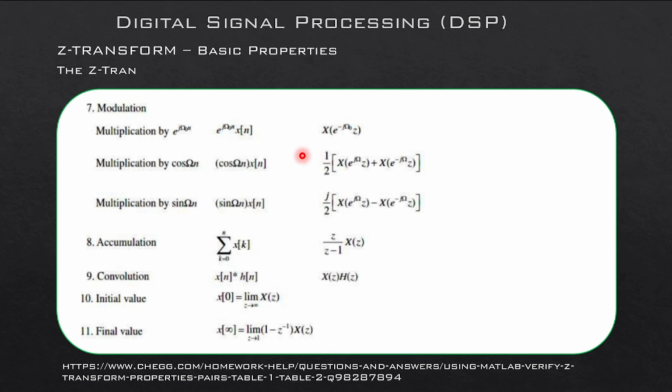Another page here: multiplication by cosine. By the way, cosine times x[n] would give you 1 over 2 [X(e^(j omega) z) plus X(e^(-j omega) z)]. Why? Because if you recall, cosine theta can be transformed into exponential form, which is e^(j theta) plus e^(-j theta) over 2.